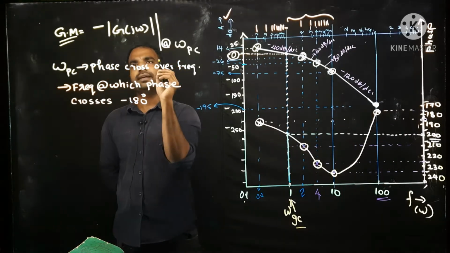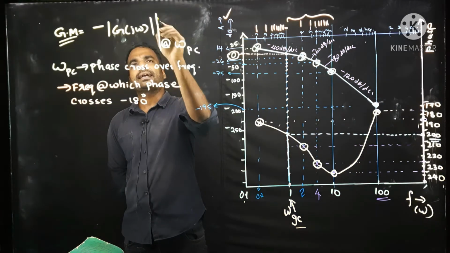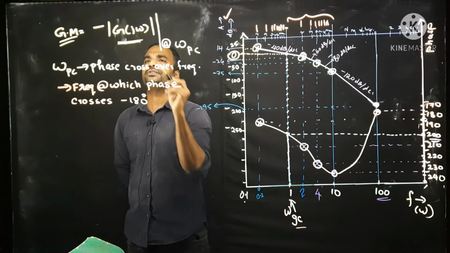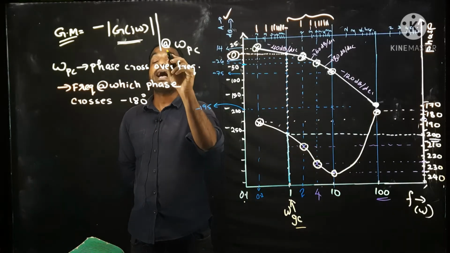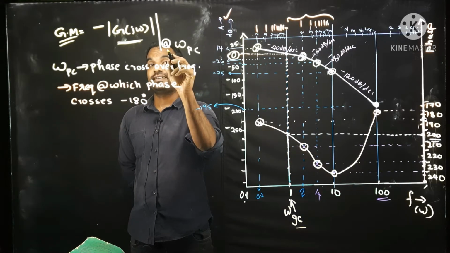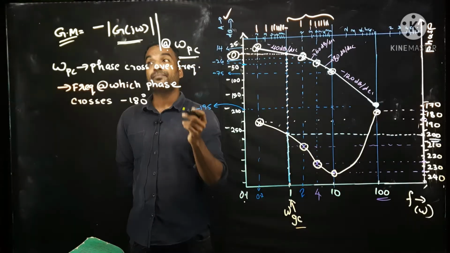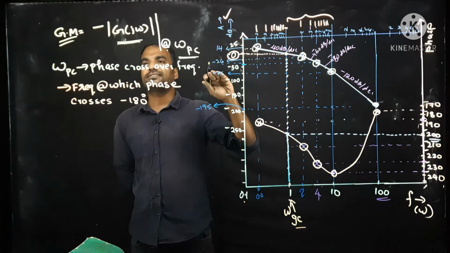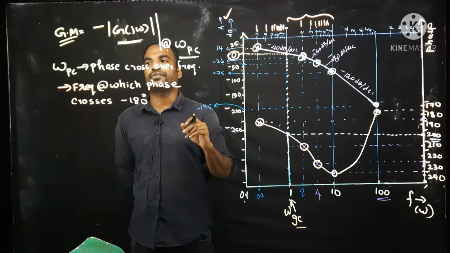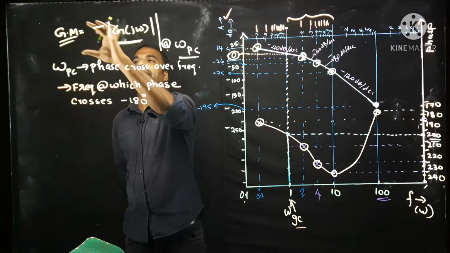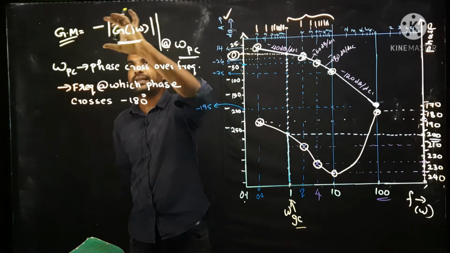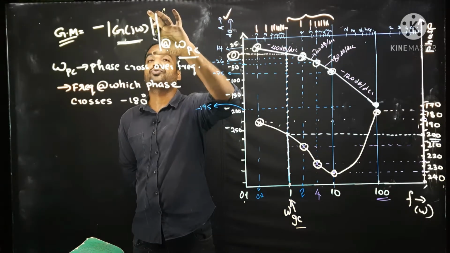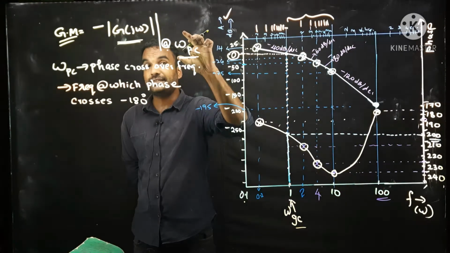So we have to take the negative of a particular magnitude of G of j omega at the phase crossover frequency. Gain margin relates to phase crossover frequency and phase margin relates to gain crossover frequency. So gain margin is the negative of that particular magnitude, which should be found from the phase crossover frequency.